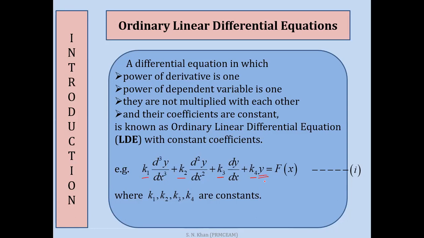The dependent variable is here y. So the power of y here is 1, and the power of the derivative is also 1. There is no multiplication of derivatives and dependent variables. So that's why we call it an ordinary linear differential equation with constant coefficients.